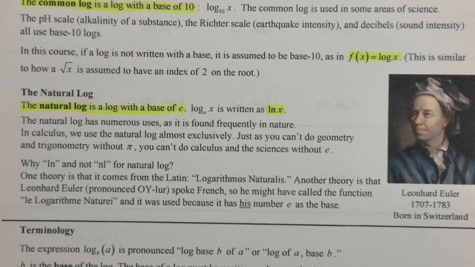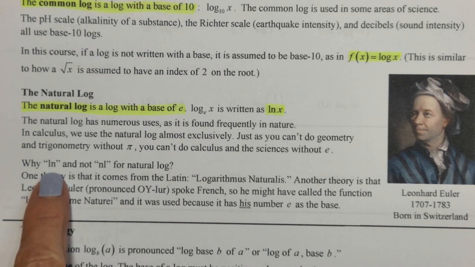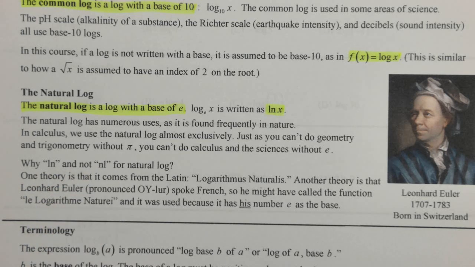Okay? So if it's called natural log, why do we say ln and not nl? A couple of different theories for that. One is that it comes from the Latin. I'm not going to try to pronounce that, but it comes from Latin where it's ln.